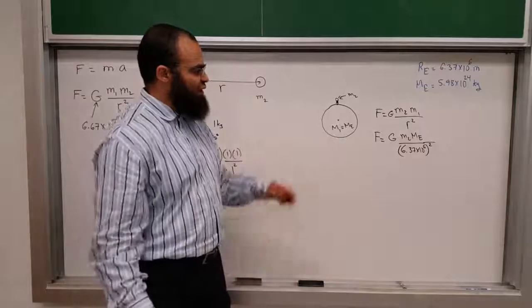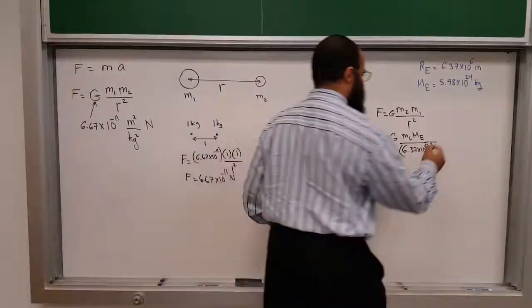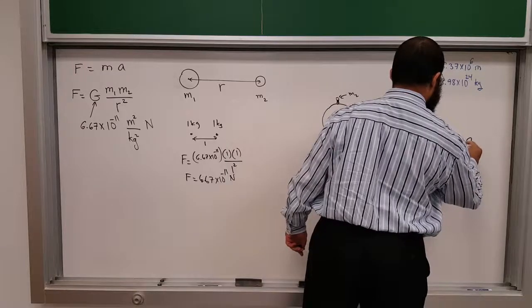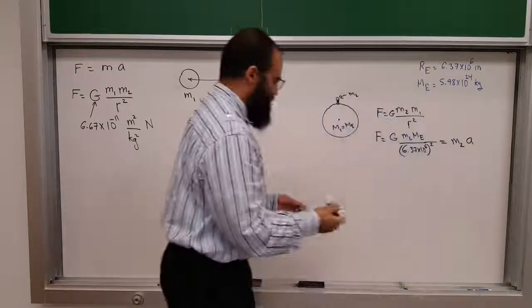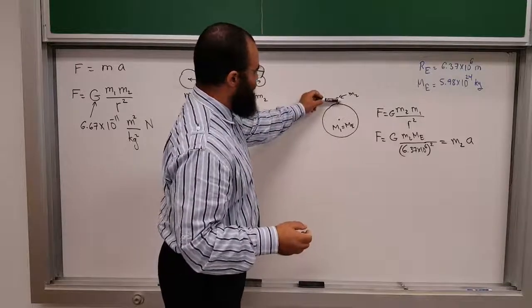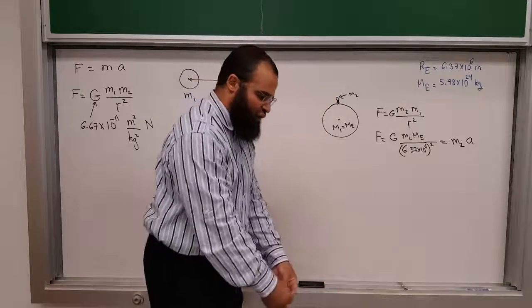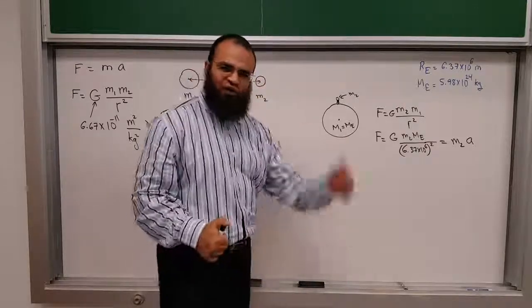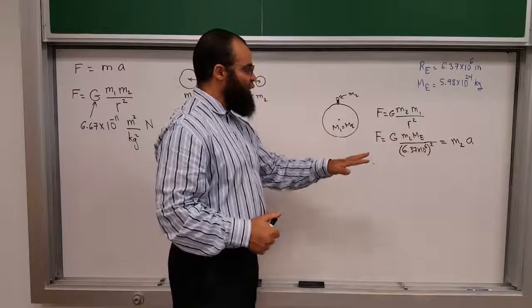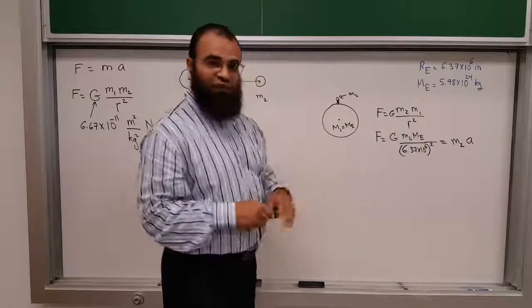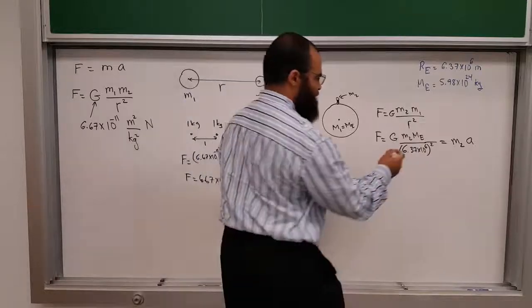And Newton's second law says the net force on you will equal your mass times acceleration. Your mass, so that's M2. And so let's say you're slightly above the surface of the Earth, and you let go. So the only force on you is the force of the Earth. Once you hit the Earth, there is the normal force. But I want to know what just the acceleration due to the force of the Earth by itself will be. Well, let's calculate the acceleration.